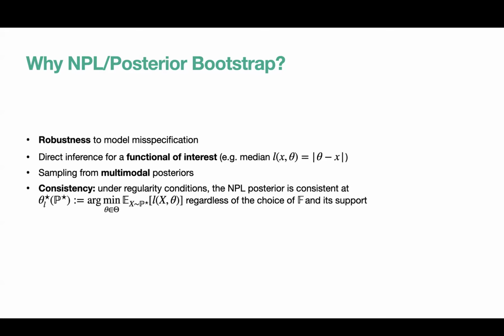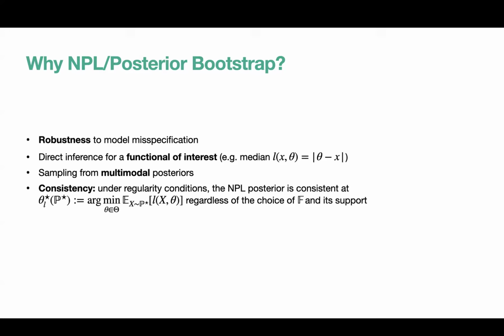So even conceptually, you start from a point where you don't want to assume a well specified model, but you want to do this bootstrap operation to obtain some robustness with respect to the model being misspecified. You can also target a functional of interest directly, which is not, for example, a parameter indexing a model. So if you want to target the median directly, then you can define your loss accordingly. So you actually perform posterior inference for the median.